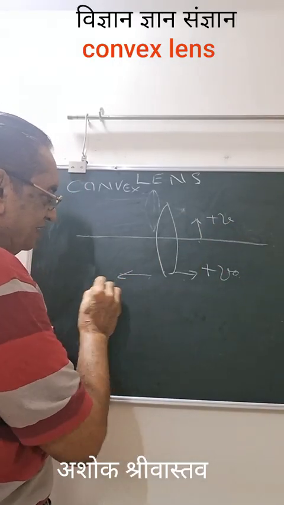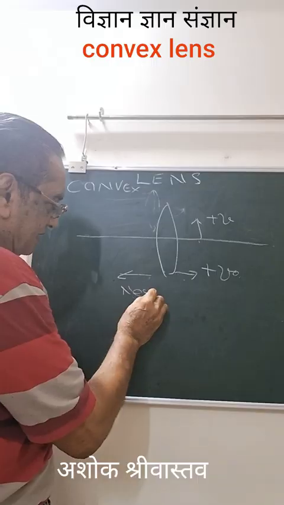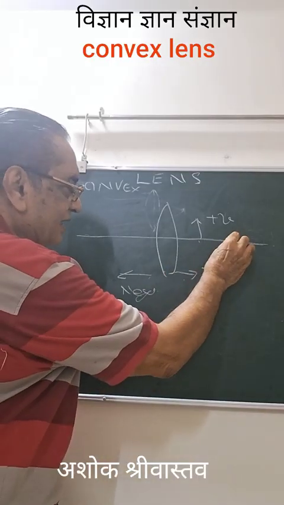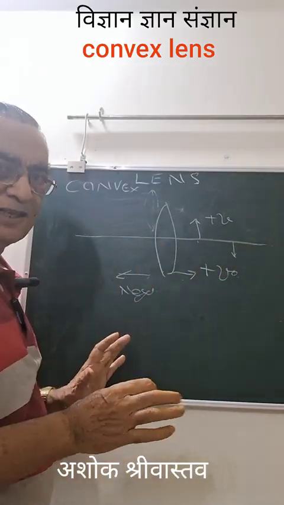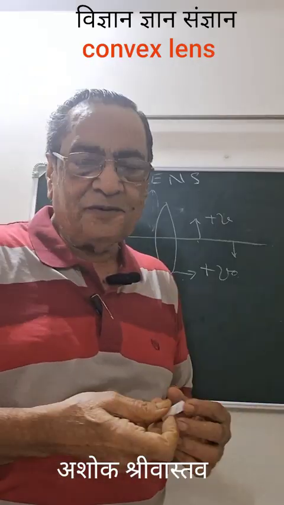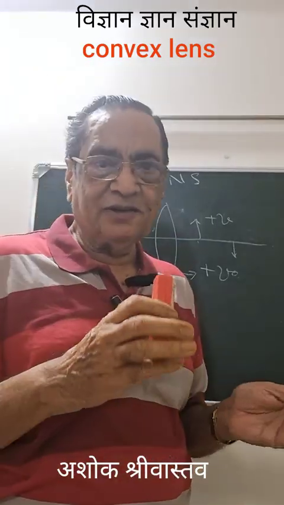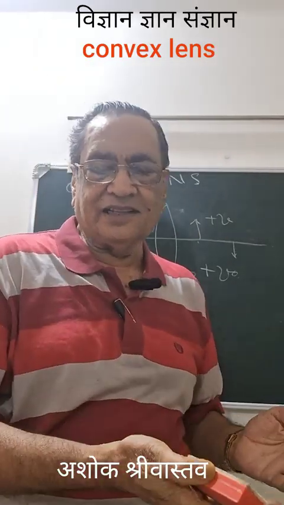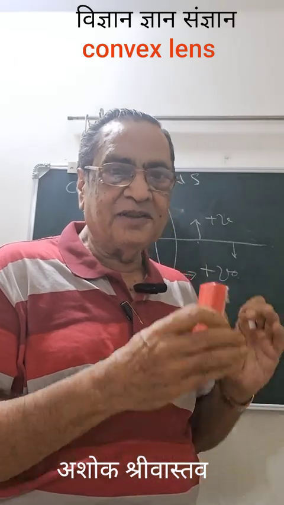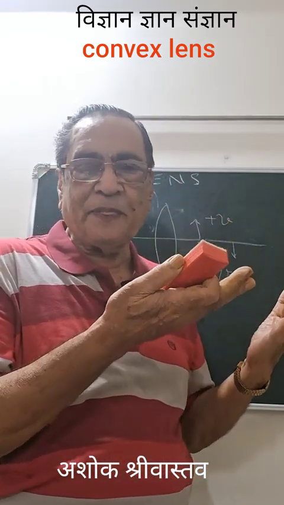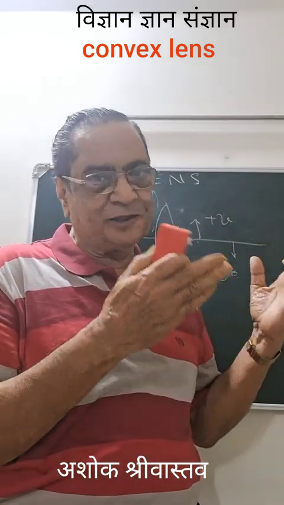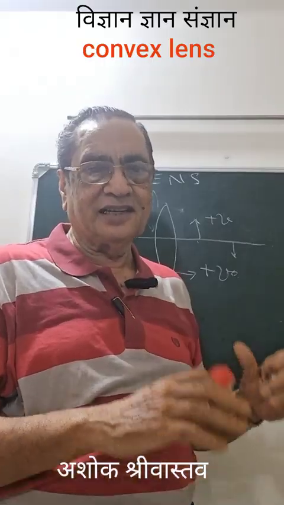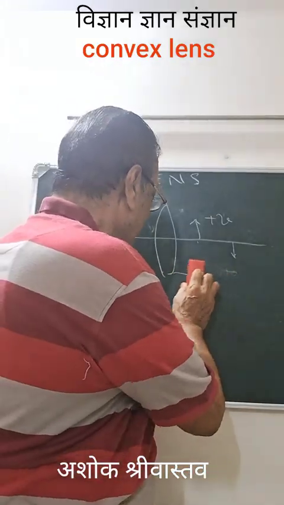Anything on this side is negative, and anything on this side is also negative. Anything that is on the other side of the lens is positive. Anything above the principal line is positive, the other side is negative.